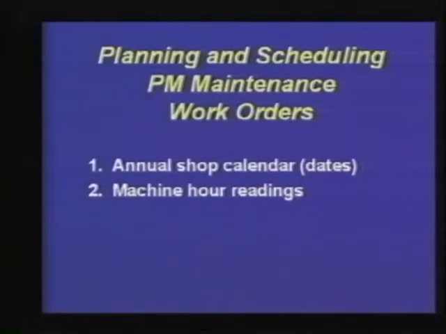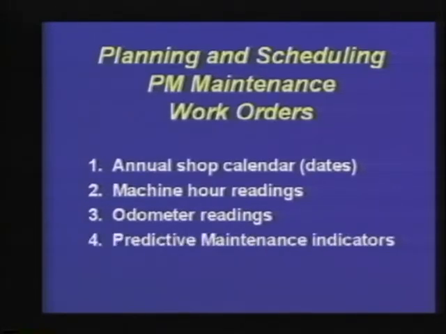Where I am tied in directly with the operational requirements of a machine, my recommendation is to have machine hour reading capability. The third would be odometer readings relative to rolling stock. And then the fourth one is through predictive maintenance indicators by using what we call diagnostic meters or other monitoring or measuring devices.